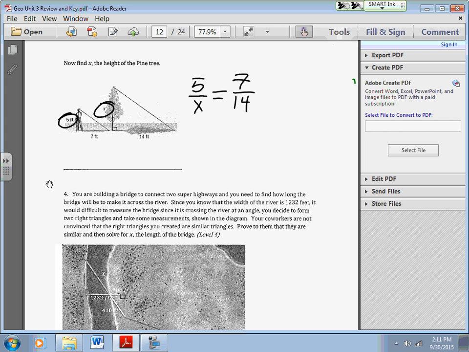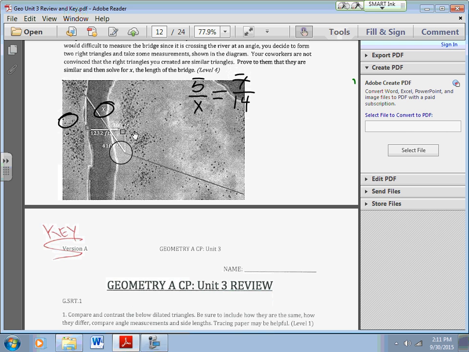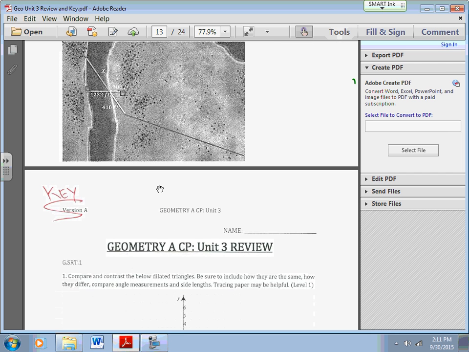And then, just real quick, does everybody see the vertical angles right here? All right, so if I use x over 12, 32, what should I set it equal to? Now be very careful. 410 over 308. Perfect. Other than that, the cross multiplying, you guys should be good at that, yeah?